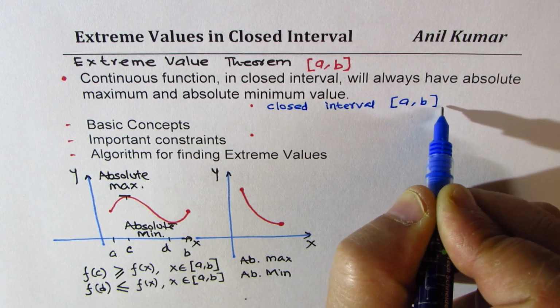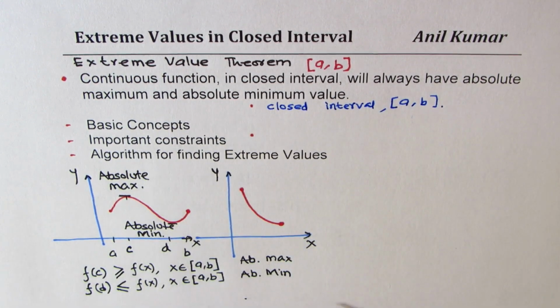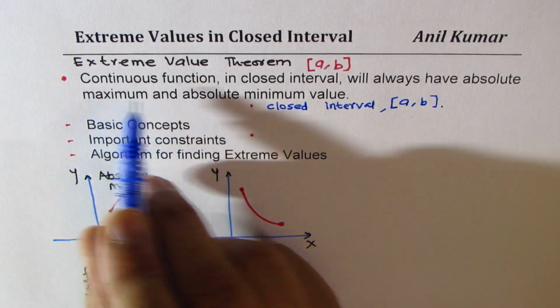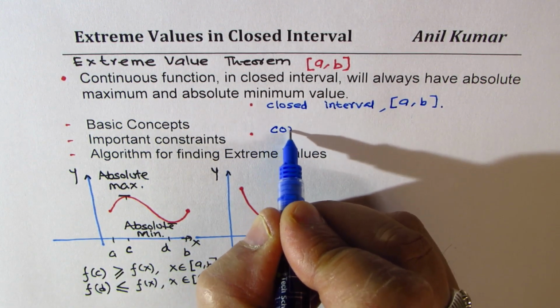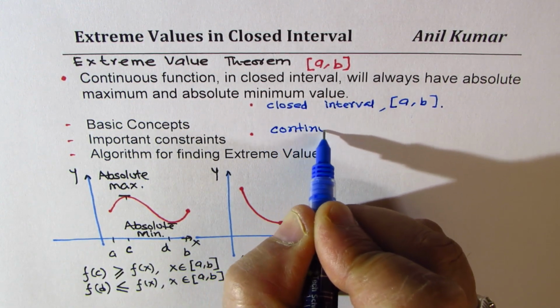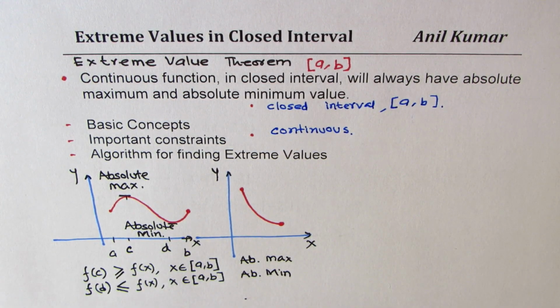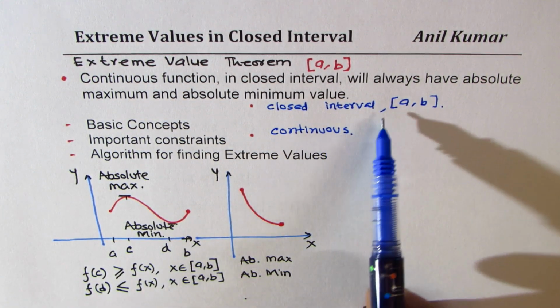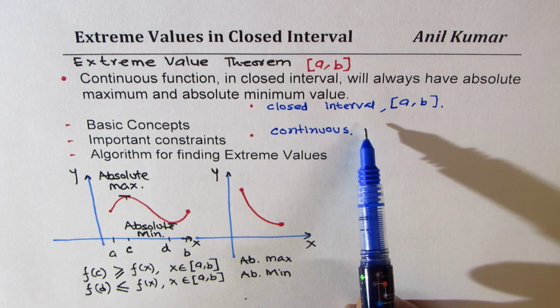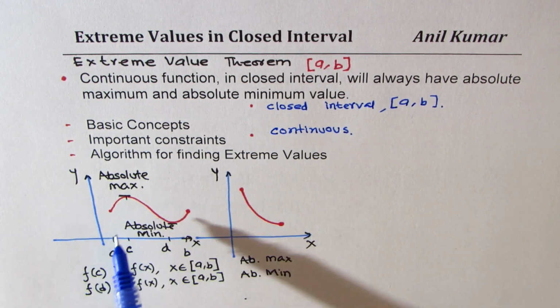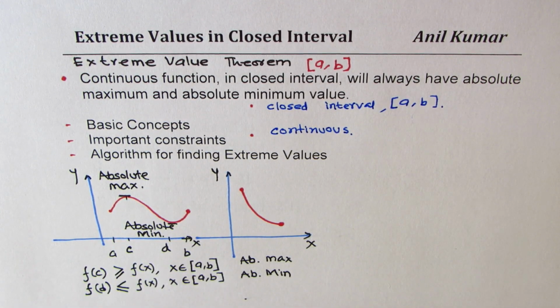That means including both A and B. And second is the function should be continuous. These are the two constraints. Now if any of these is violated, in that case you may not have both absolute maximum or minimum.